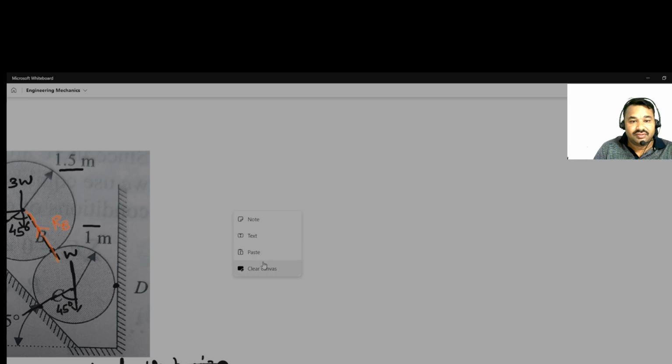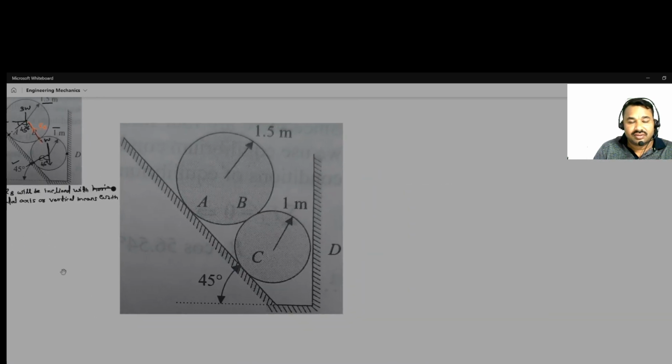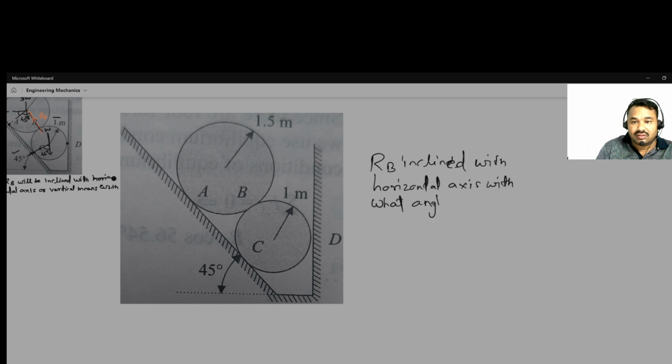So what we have to do here is find out the inclination of RB with the horizontal axis, at what angle.